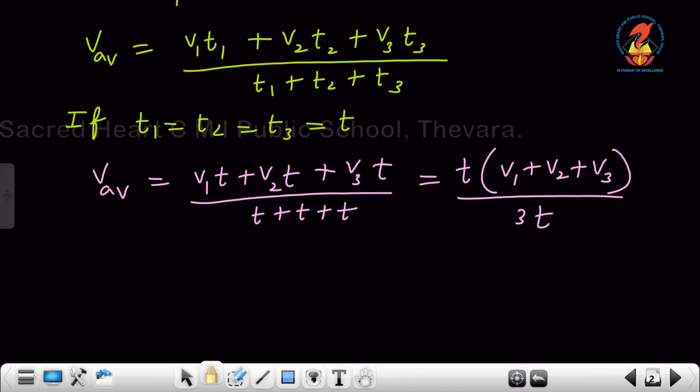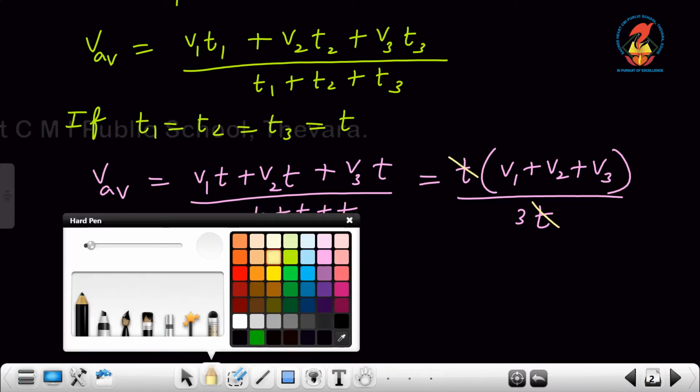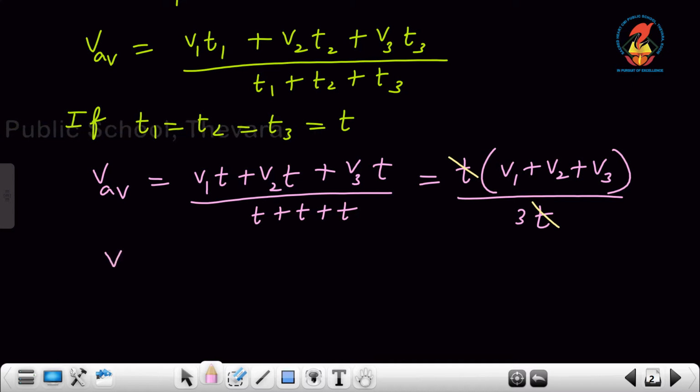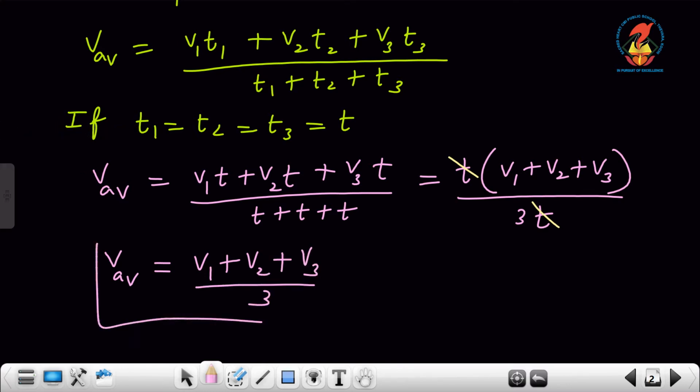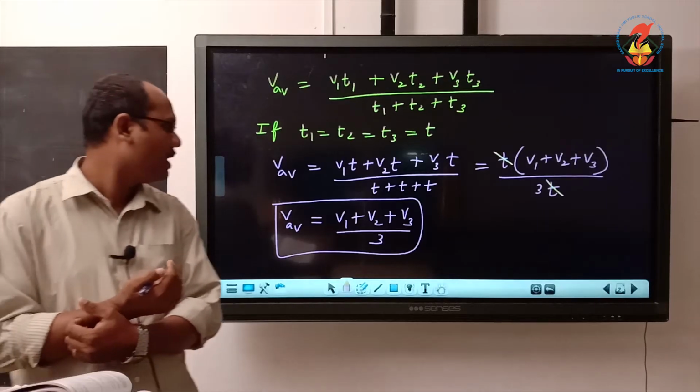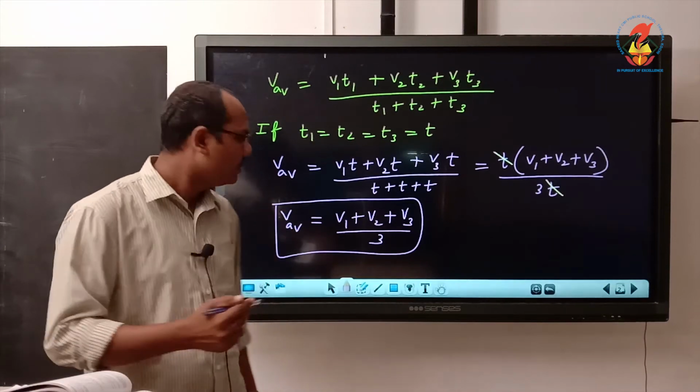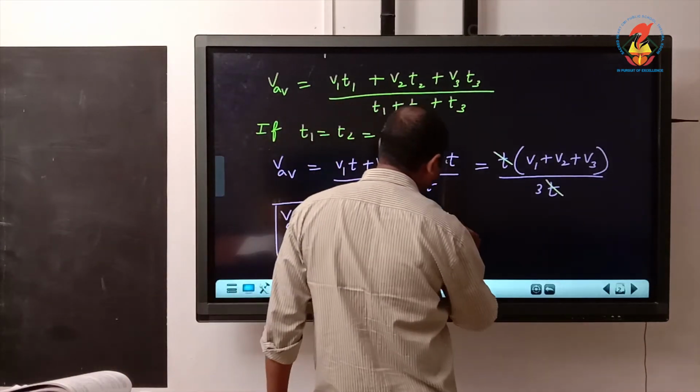Therefore T and T will be cancelled. Then what is the answer? V average is equal to (V1 plus V2 plus V3) whole divided by 3. So this is the equation for the average speed. This mean is called arithmetic mean.